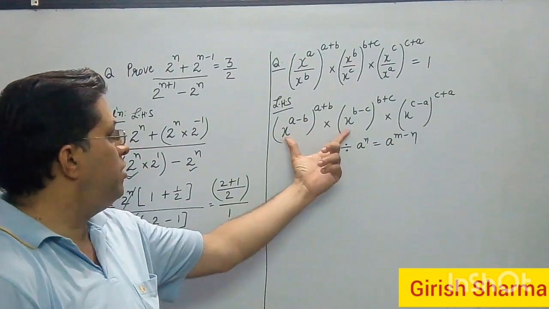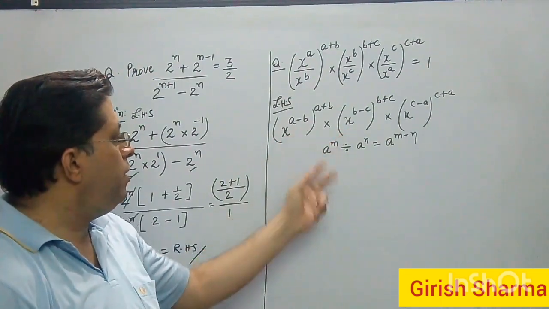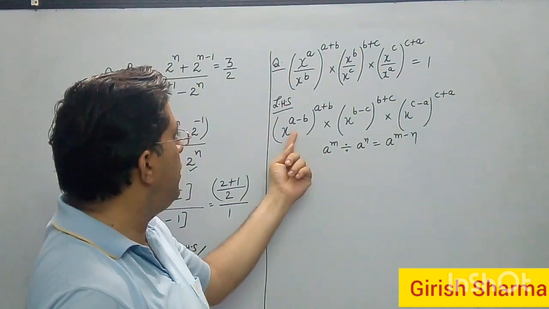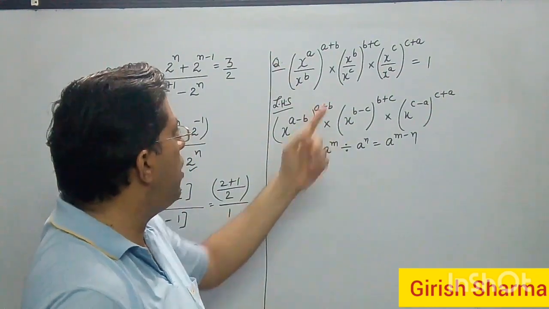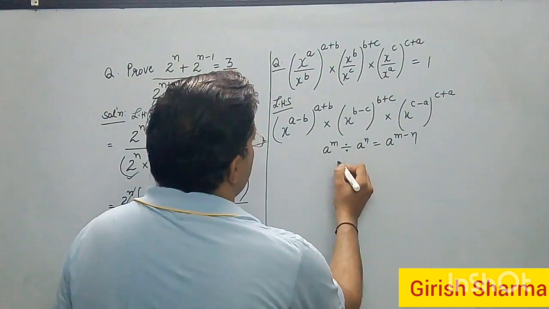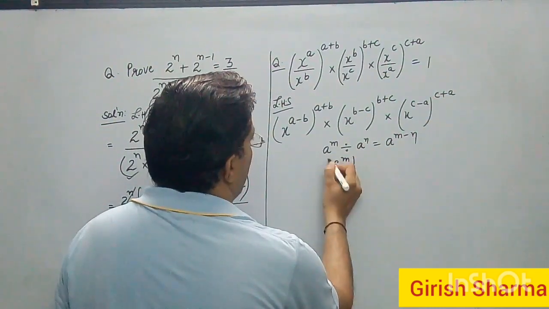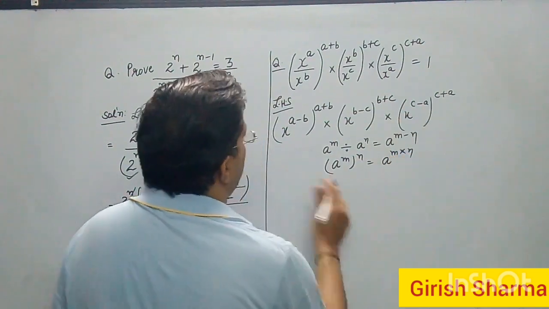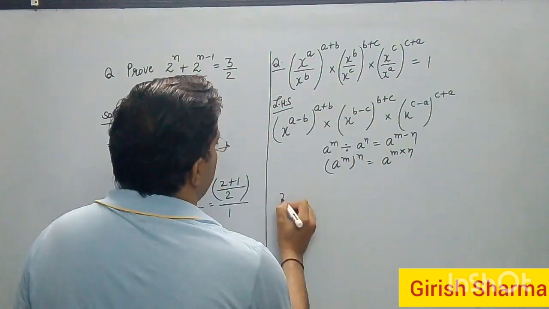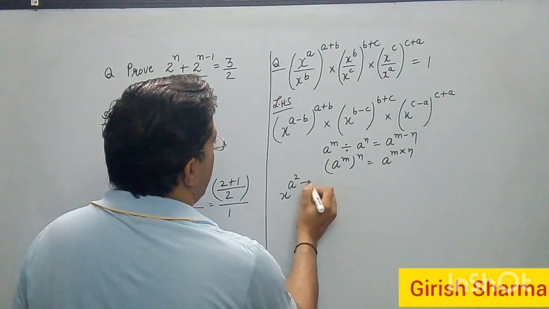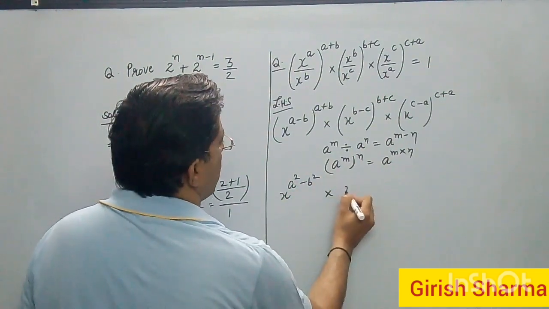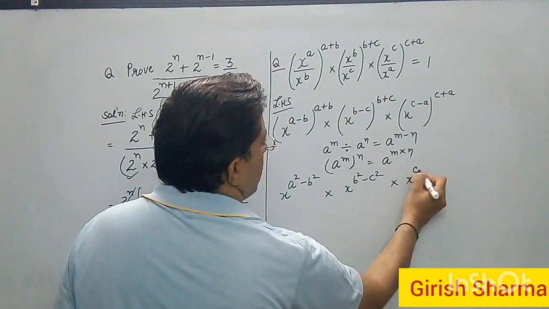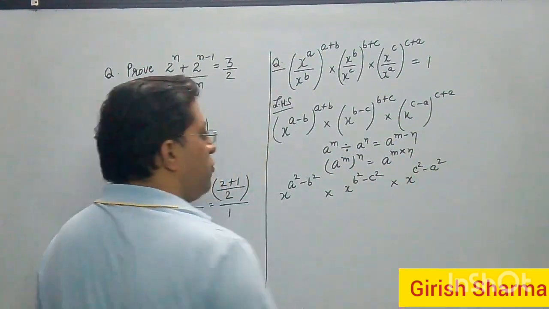And before that, a^m whole power n should be a^(m into n), multiply it. So (a plus b)(a minus b) gives a square minus b square, this is b square minus c square, and this is c square minus a square.